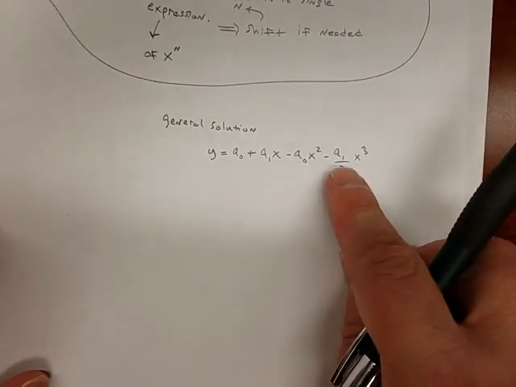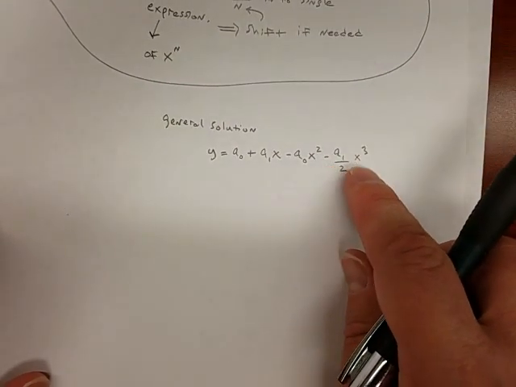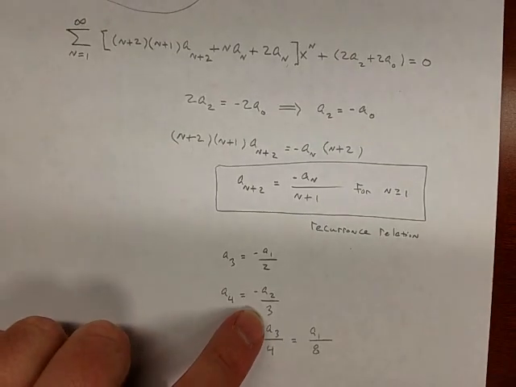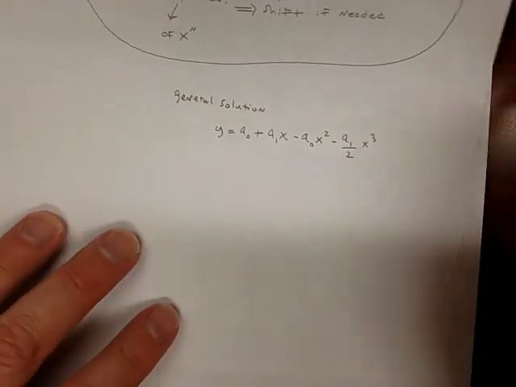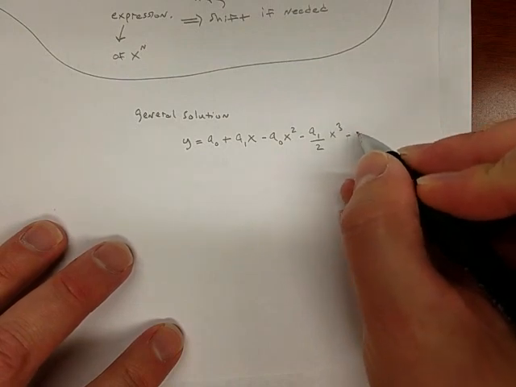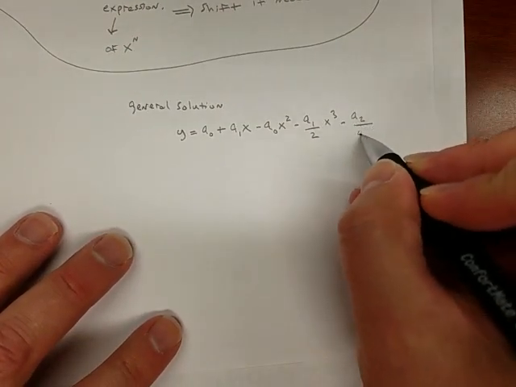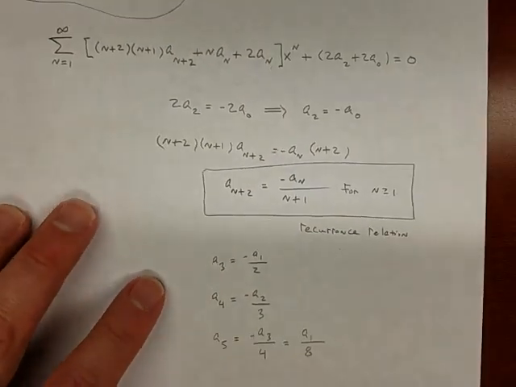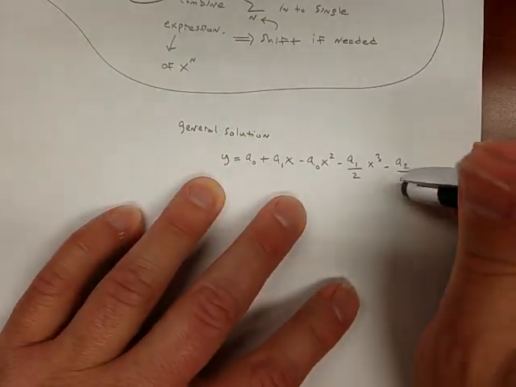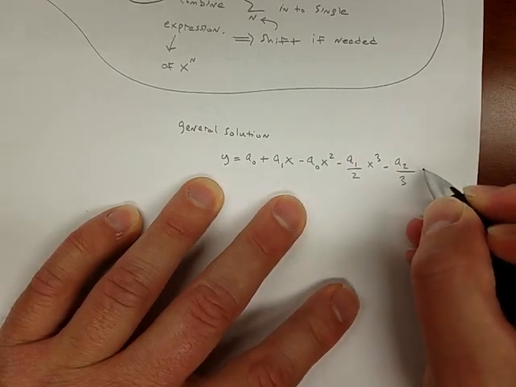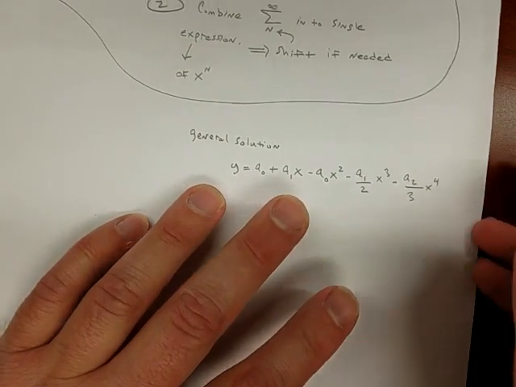I would say next a4 x to the 4th, but I found a4 to be negative a2 over 3, x to the 4th.